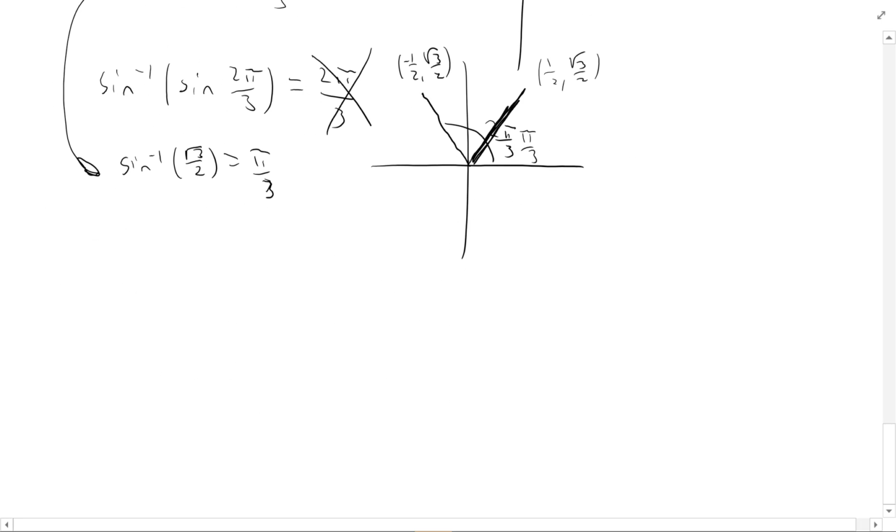So let's try another one with cosine. Suppose I have cosine inverse of cosine of, oh, let's say 7 pi over 6. Now again, the range of inverse cosine is going to be the top half of the circle. 7 pi over 6 is down here.